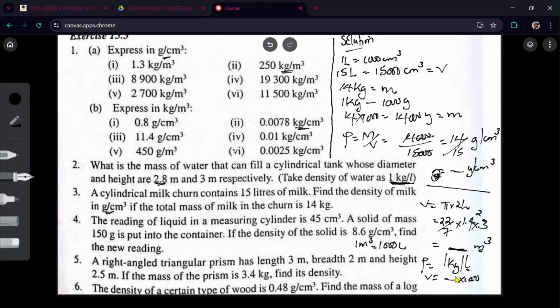So the answer that you get here, you multiply by 1,000, and your answer will be in liters. So again, now we have my answer here. So the answer that you pick there, put it here, then you multiply by 1,000, you get your answer in liters. So you have our volume now in liters, or capacity.